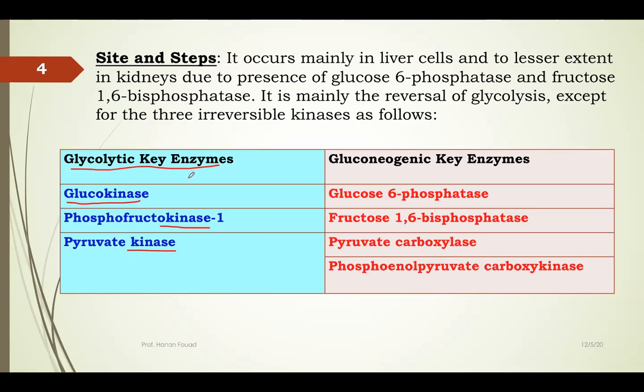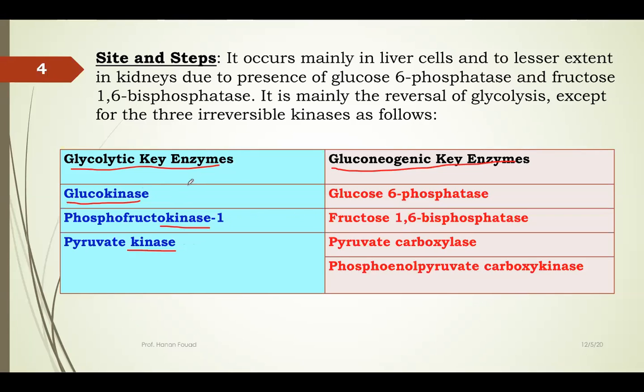To reverse glycolysis, there are 3 irreversible reactions, which are glucokinase, phosphofructokinase, pyruvate kinase. You should study these enzymes perfectly. To reverse glucokinase, we should have gluconeogenesis enzymes, key enzymes.